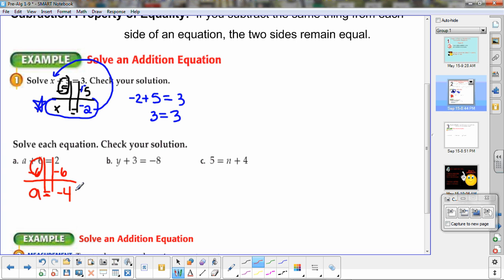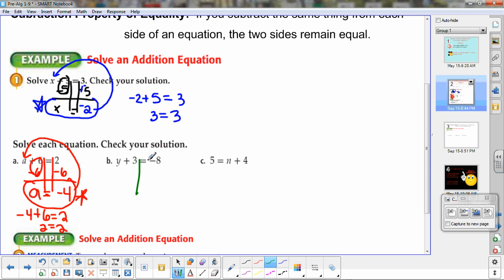If I wanted to check my work, I would take my answer of negative 4 and plug it back into the problem. Negative 4 plus 6 needs to equal 2. Negative 4 plus 6 is 2, and 2 equals 2, so we know we have the correct answer. There should be absolutely no reason for getting these wrong on your next quiz or test because you can check them all before you turn them in.